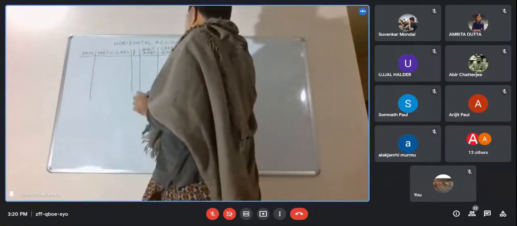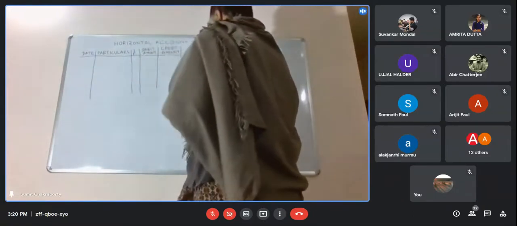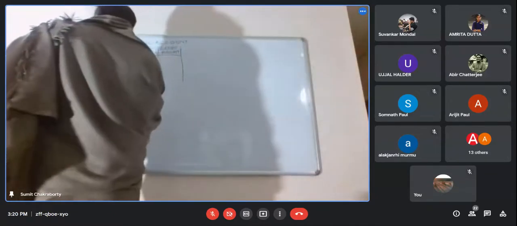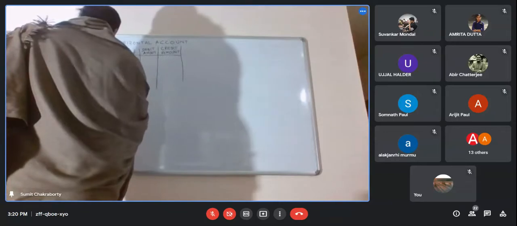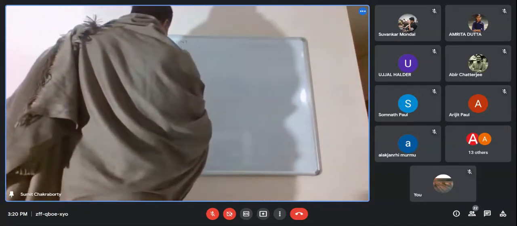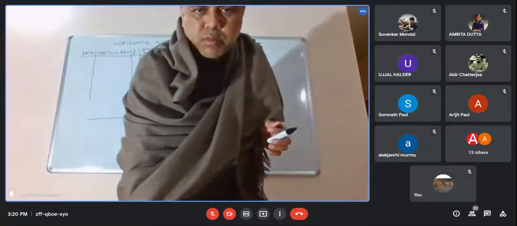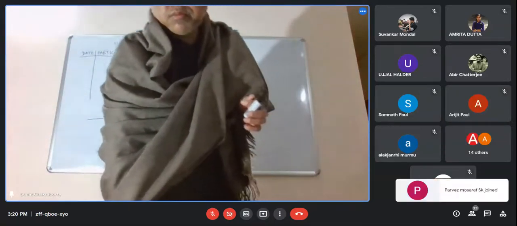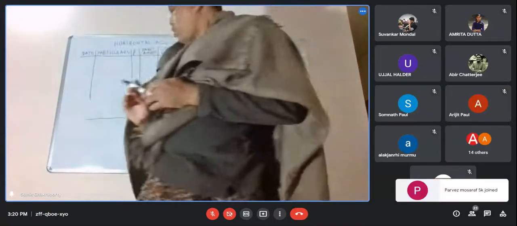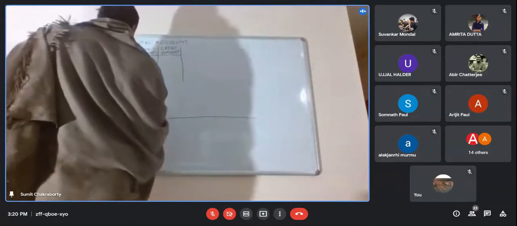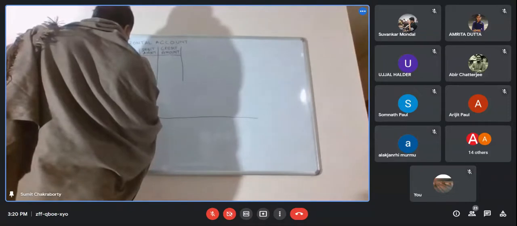Credit amount, okay. Horizontal account. Horizontal account is called the T-shaped account now.